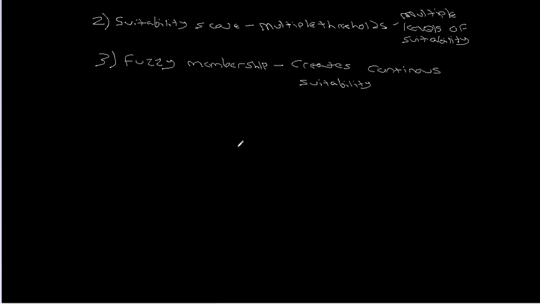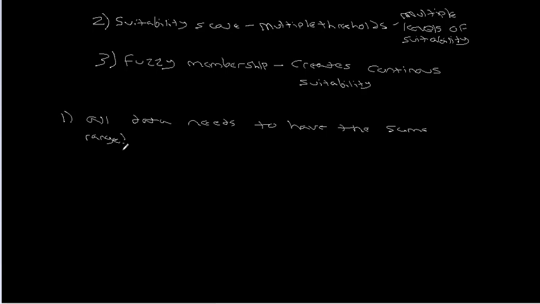So in order for a suitability model to work, right, we saw this with suitability scale, we'll see this again with fuzzy membership, all of the data needs to have the same range. Right? All data needs to have the same range.